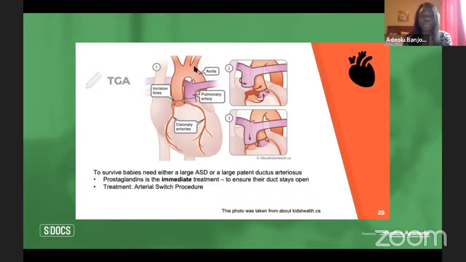Then your eventual treatment would be something called an arterial switch procedure, which is an operation that would occur within the first couple days of life, where, as you can see from photos 2 and 3, you essentially cut off the bottom of the pulmonary trunk and the aorta, and you switch them with each other.